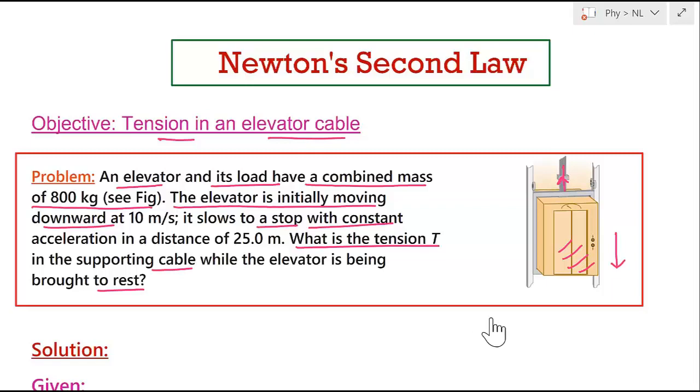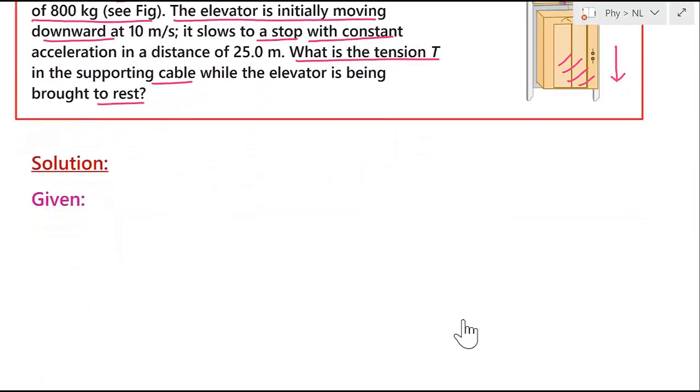So how will you solve this problem? So first, what are the things that are given? So we have been given mass, that is 800 kg, mass of elevator plus load. Initial velocity is given, that is 10 meter per second, and this speed is in the downward direction.